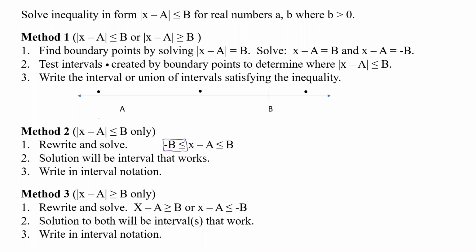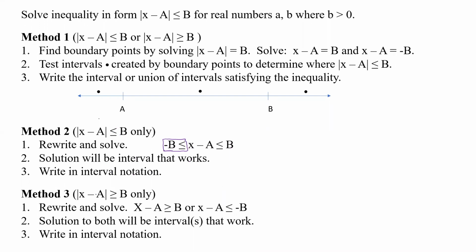And then we solve for x in the middle, so we're adding a to both sides. And whatever that solution is, that's the interval that's going to work. And then you just write it in interval notation. So it's going to go from bracket, negative b plus a, and then on the right side it's going to go up to b plus a, and then another bracket. That will be your interval notation.